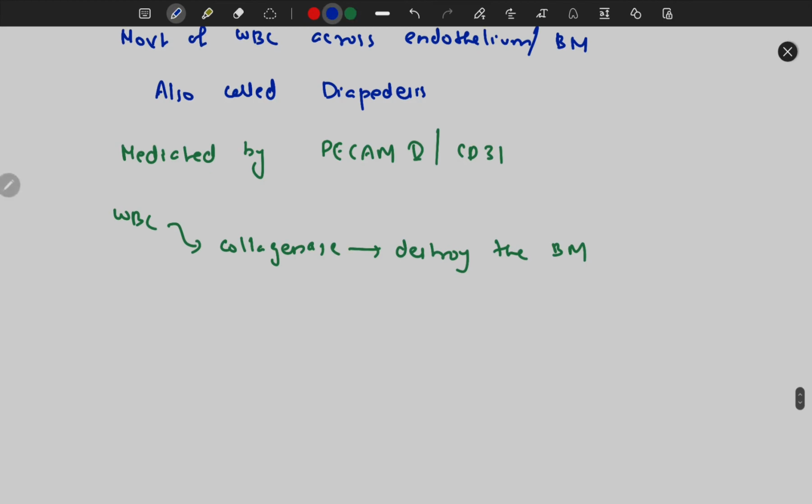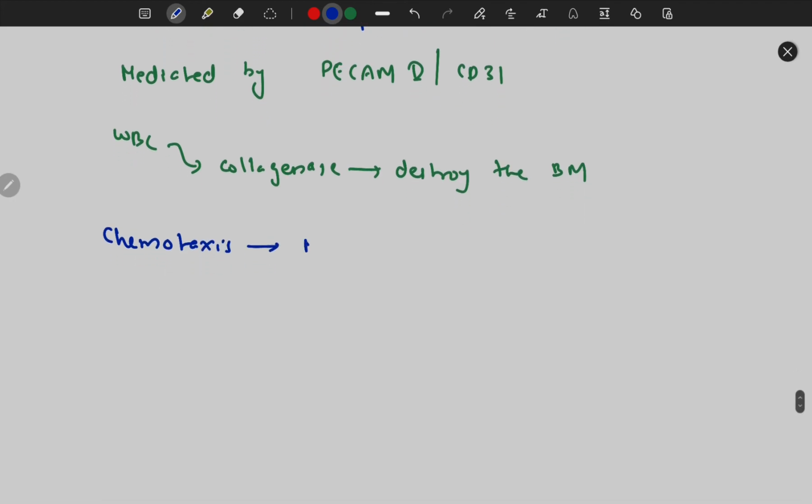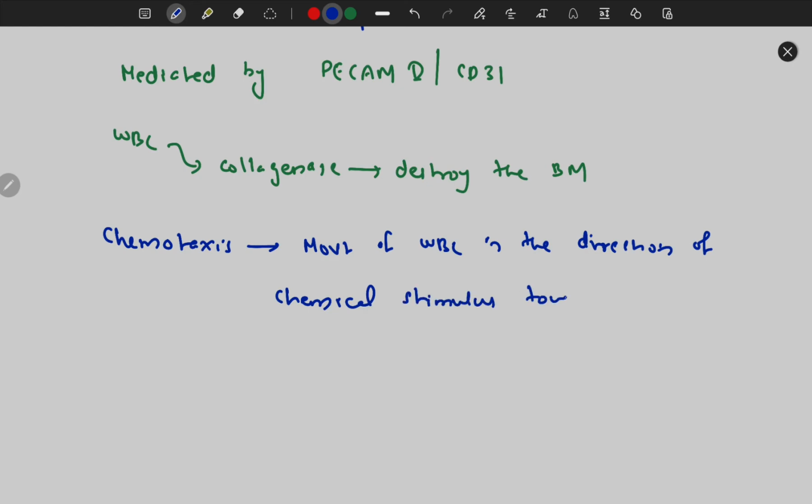Now the chemotaxis. So what is this chemotaxis? It is the movement of the WBC in the direction of a chemical stimulus towards the site of injury.